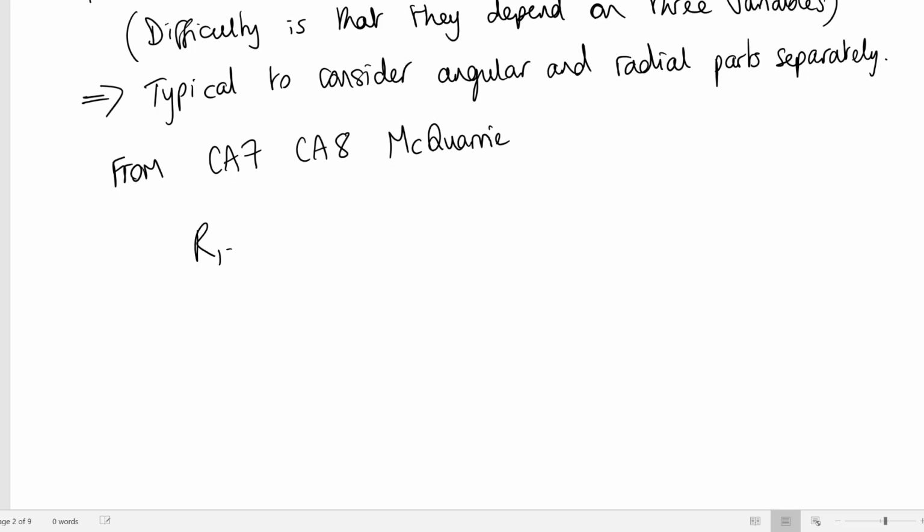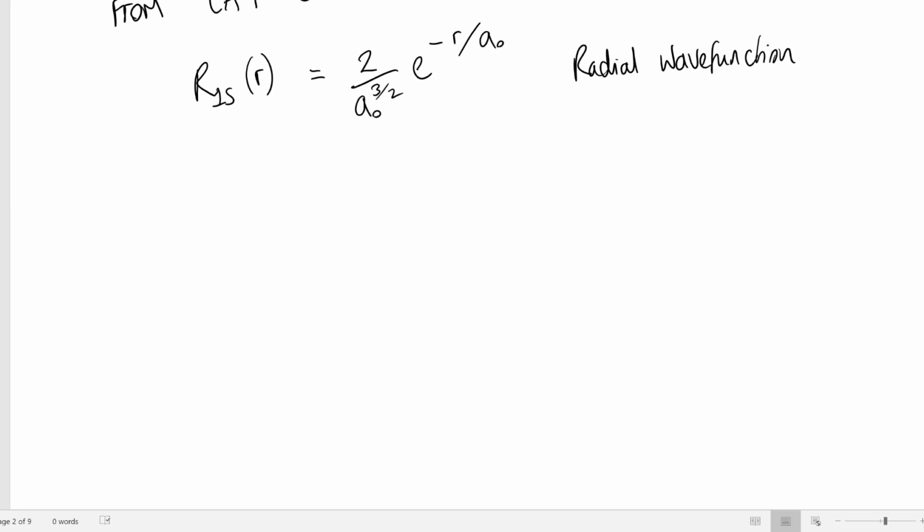Let's look at this radial wave function for the R1s orbital. So this is the radial wave function. And we also should think about the probability of finding that electron as we move away from the nucleus.